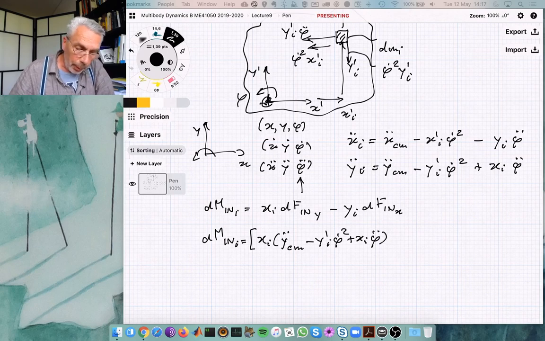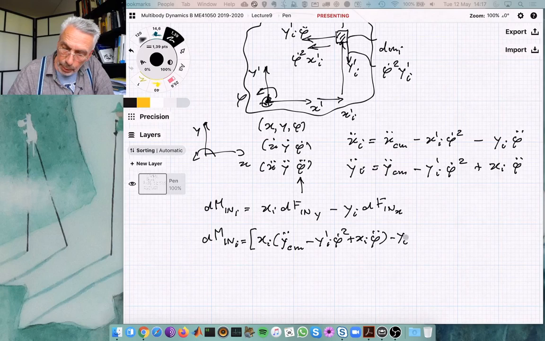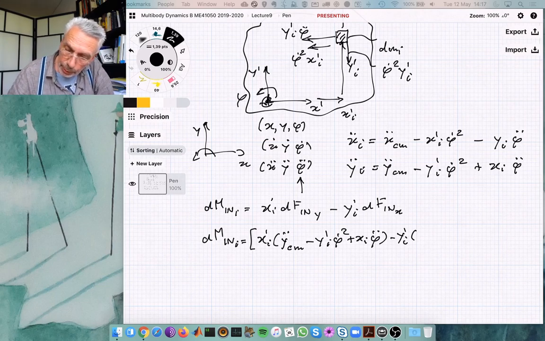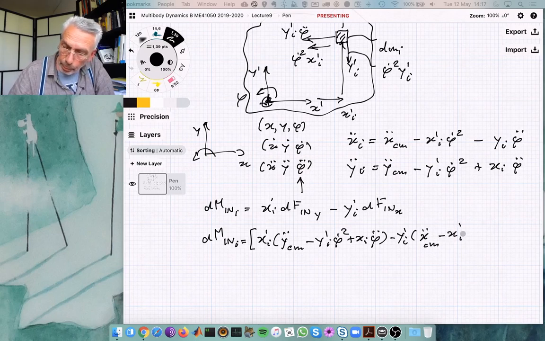And then the next part is minus this one, and again there's a prime, of course, times the inertia force in the x direction, so all these accelerations in the x direction: x double dot cm minus x' i phi dot squared minus y phi double dot.